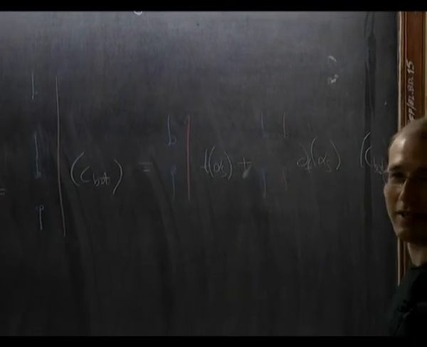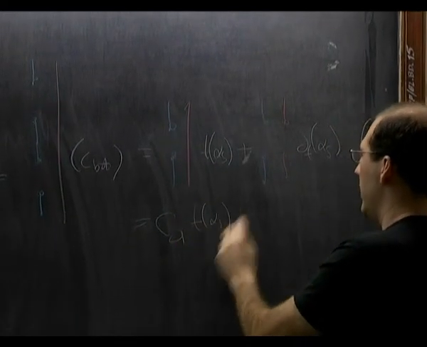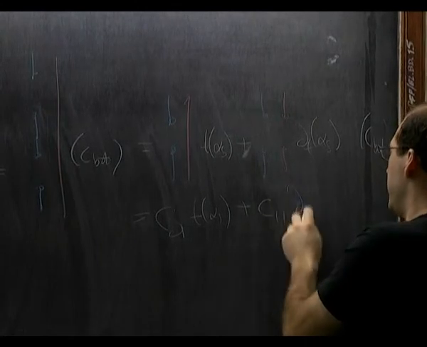Okay, but now we know what it is, right? Now this is C01 times t alpha s plus C11 times dt alpha s.